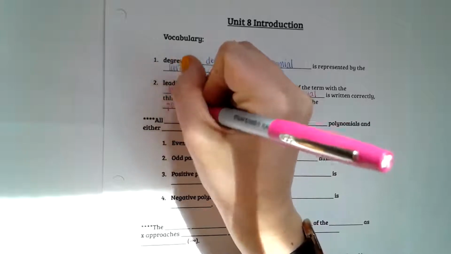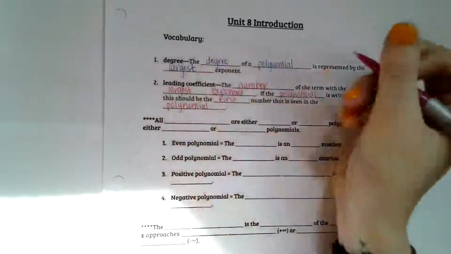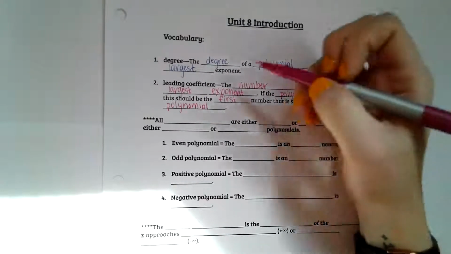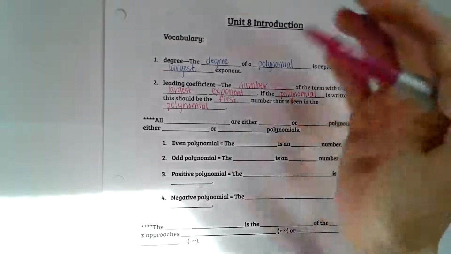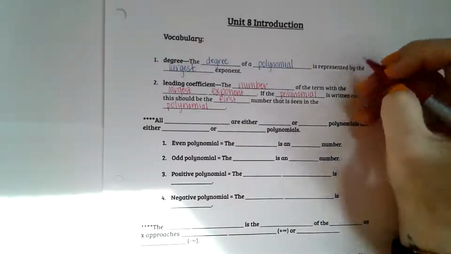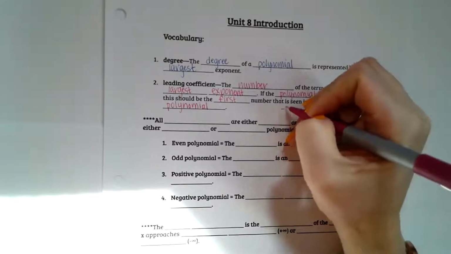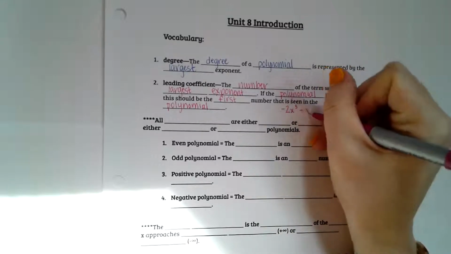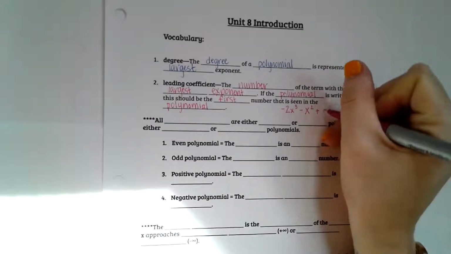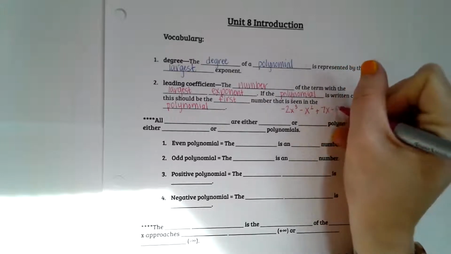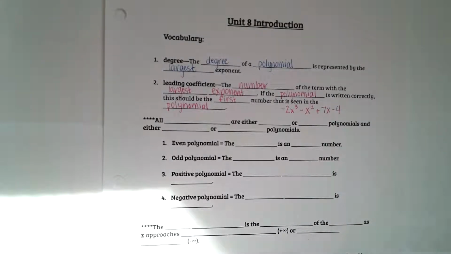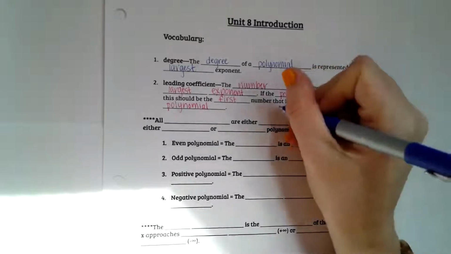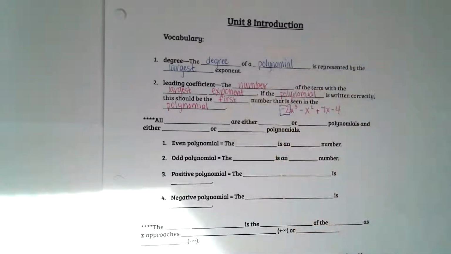So remember, when you're writing a polynomial, it should go in order from biggest to smallest in exponent value. So this number is the number that's in front. So say if we were to have negative 2x cubed minus x squared plus 7x minus 4. So our largest exponent is the x cubed, so the leading coefficient is the number in front, which would be this one right here.